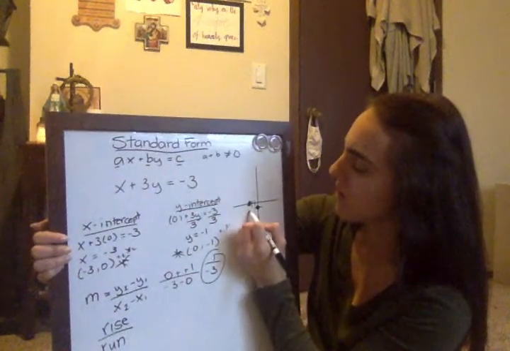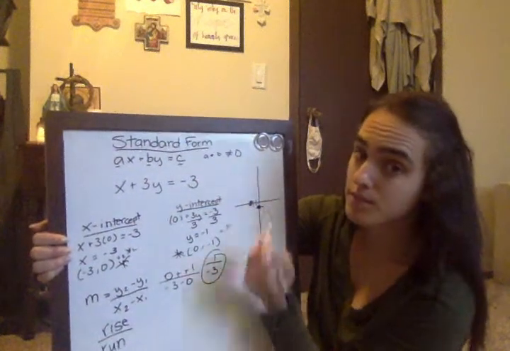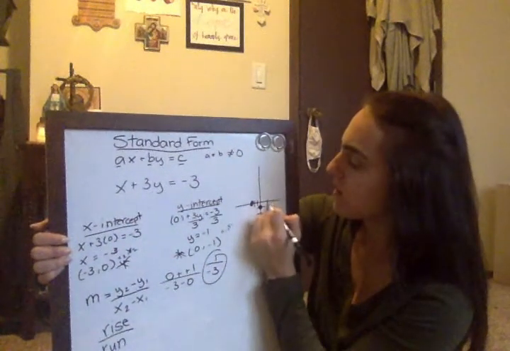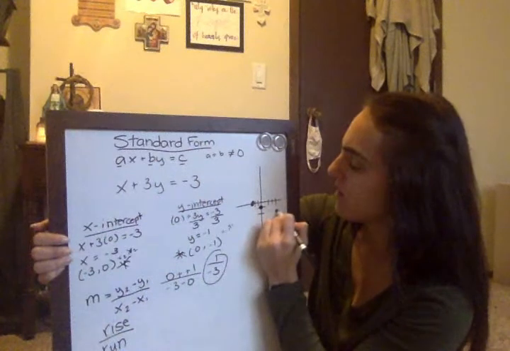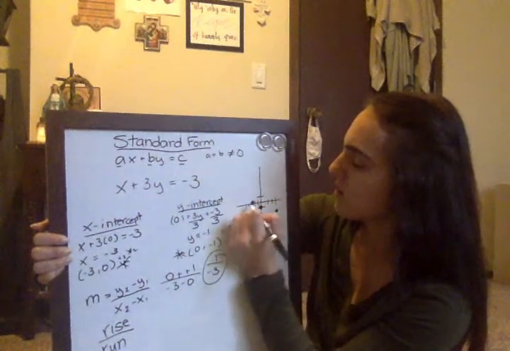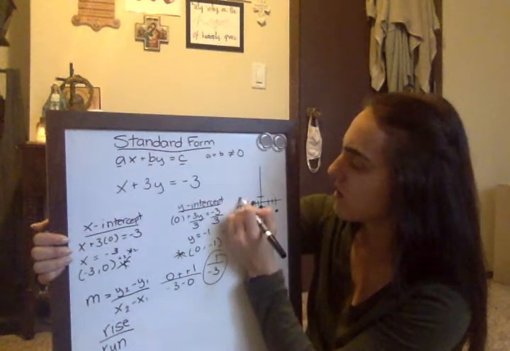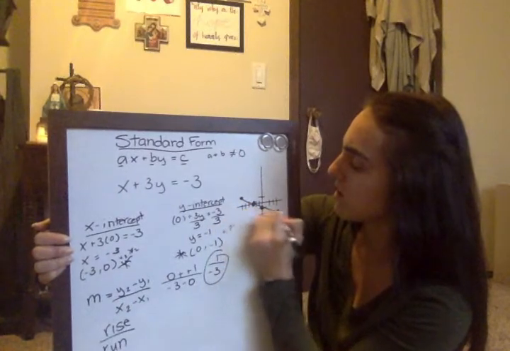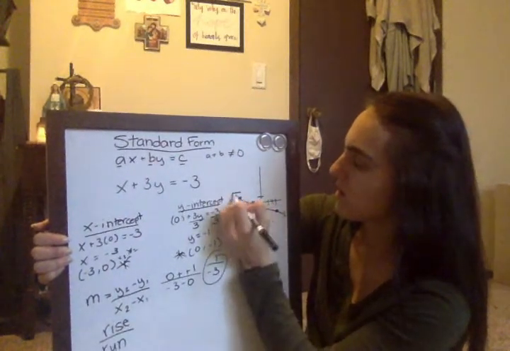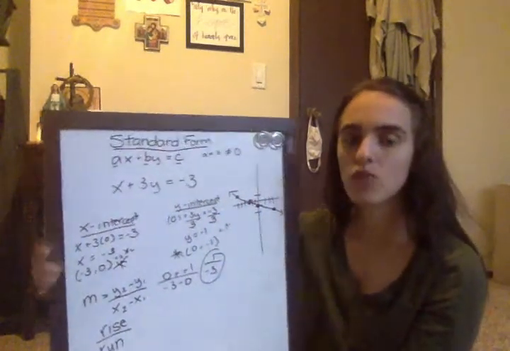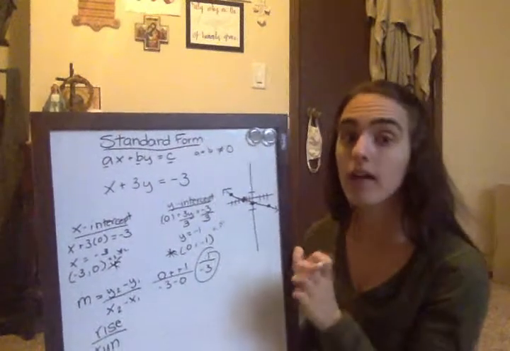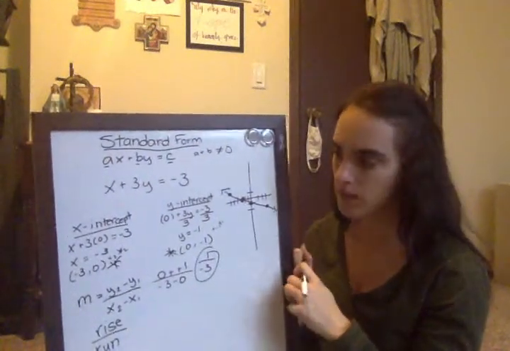We also went down 1 to the right 3. Same thing. There's my line.